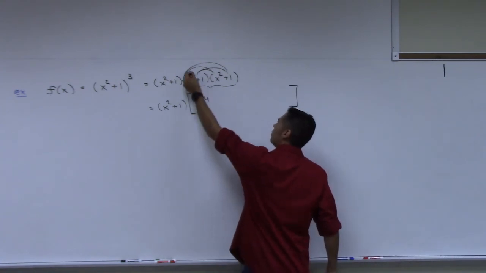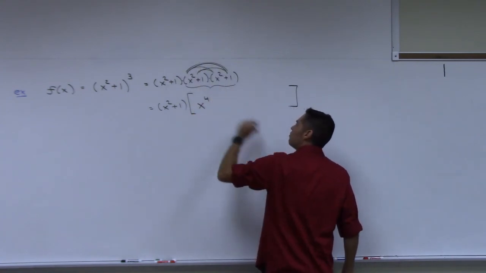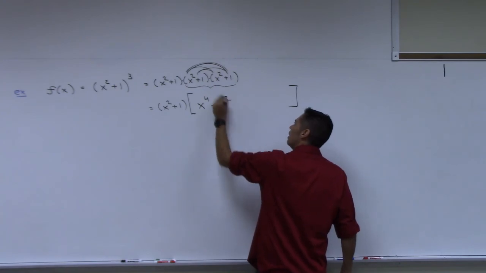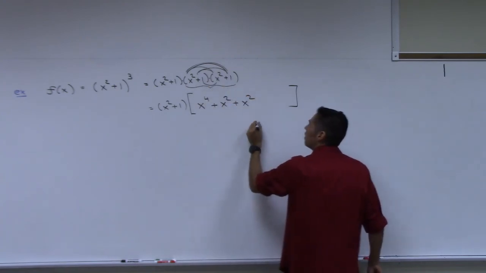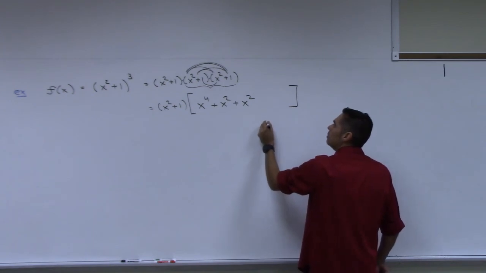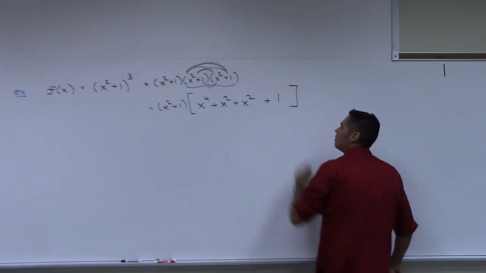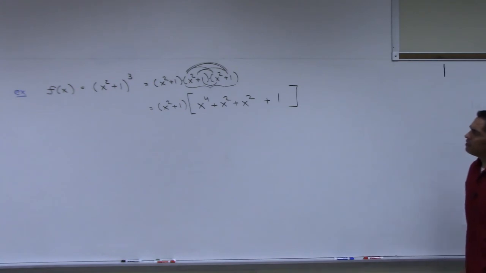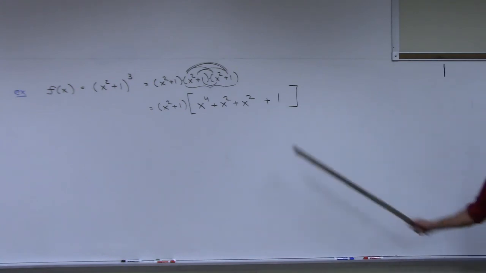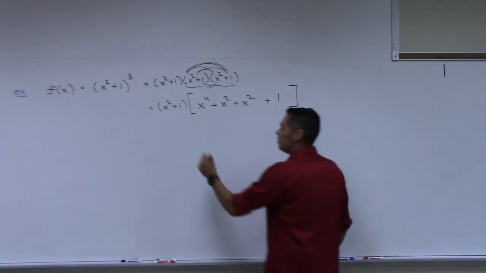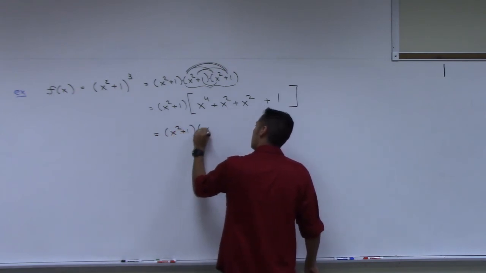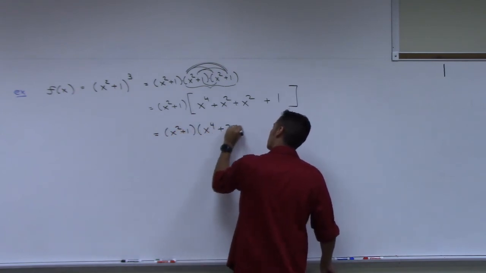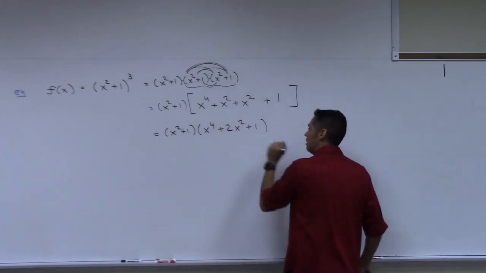And then we're going to do x squared times 1, which gives us x squared. Then 1 times x squared, which gives us another x squared. And then what's the last term we have? 1. Can we collect any like terms together? The x squareds, right? So we have x to the 4th plus 2x squared plus 1.